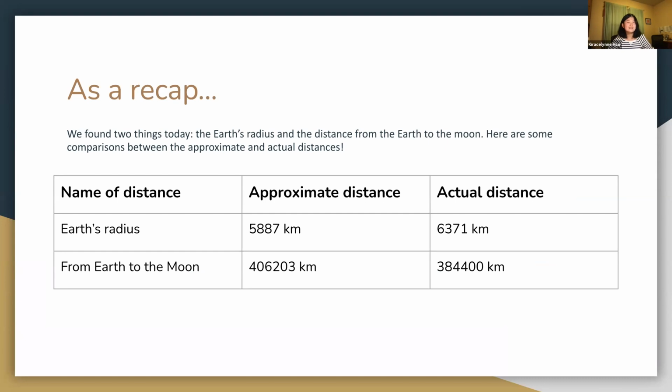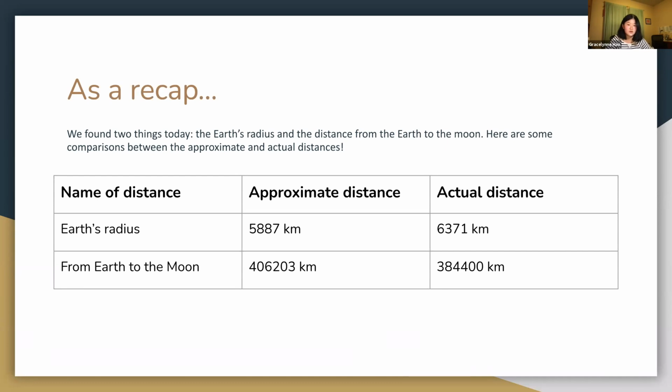And this does, I suppose, from a glance seem pretty far off, but keep in mind that even with people now, if you were just to look at the ground beneath your feet and try to guess the distance to the Earth's core, it would not be this exact. So it is pretty impressive that so early on, Al-Biruni was able to approximate this distance and be only around 500 or so kilometers off.